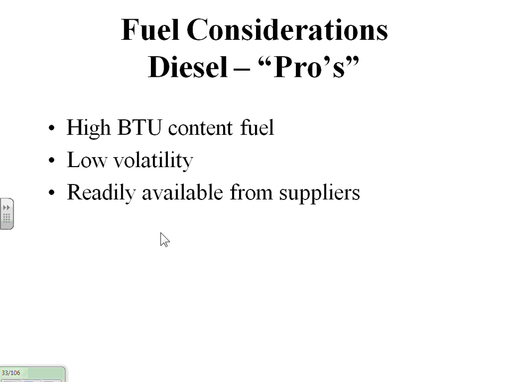Diesel. The pros for the diesel system is probably the highest BTU fuel content available from us. Low volatility, slippery, but it's not explosive. And it's readily available from a lot of suppliers.